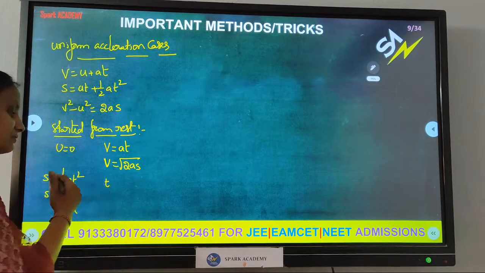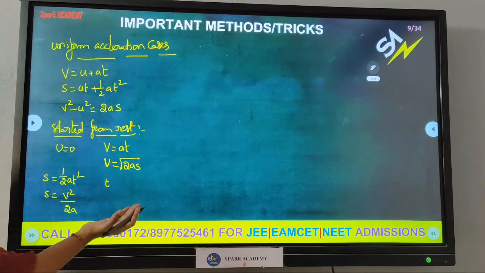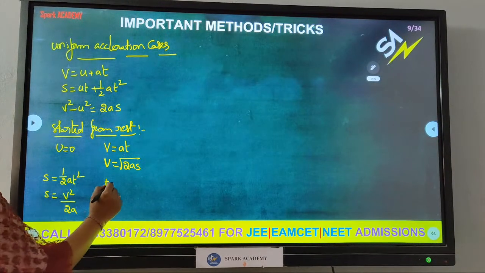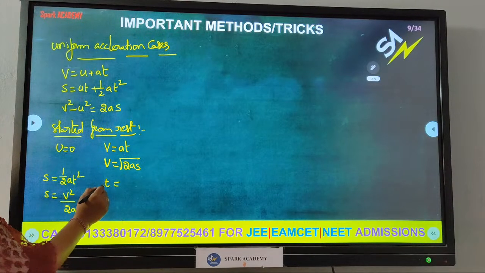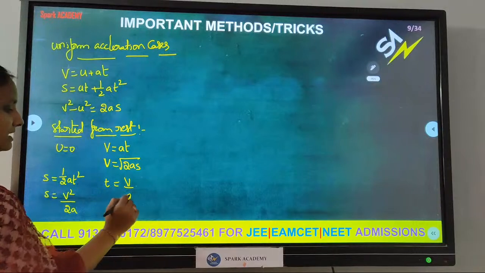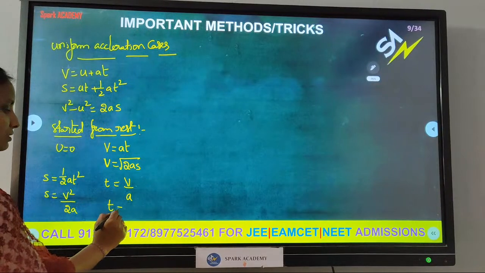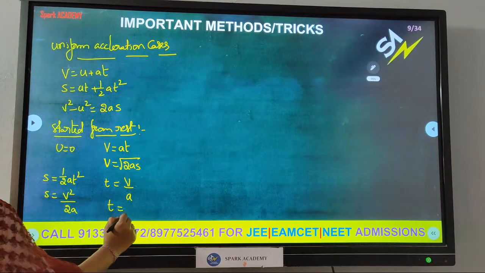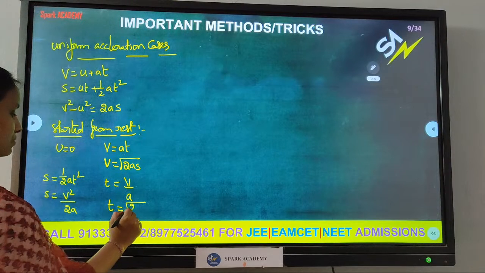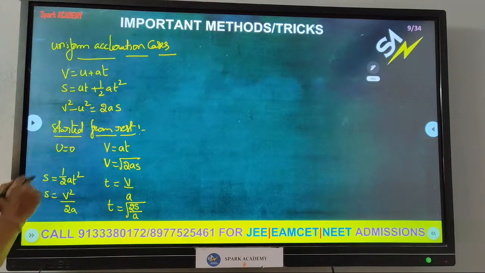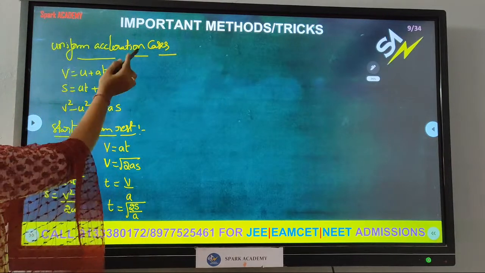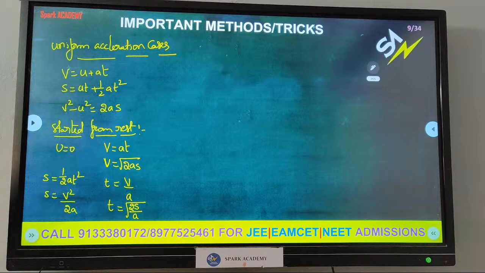And next they can ask what is the time taken to travel the distance. So for time also we have two equations, that is t is equal to v by a and t is equal to, we can write it as, under root 2 into total distance travelled by acceleration. So these are with the uniform acceleration cases, a remains constant.